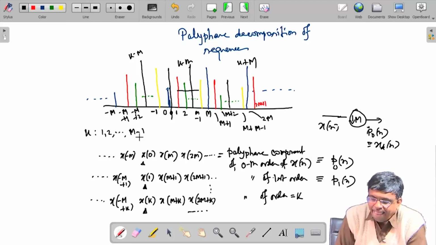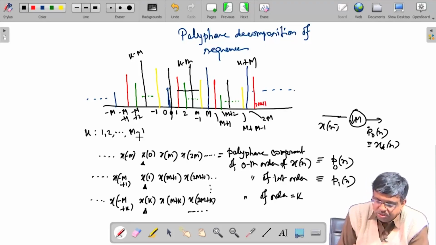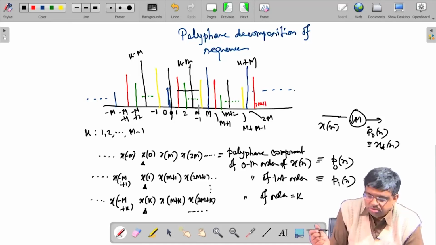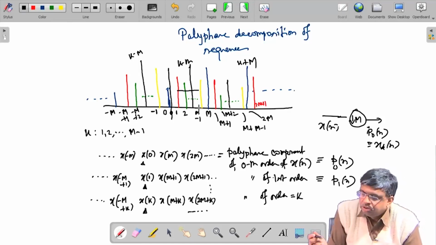Now look at this P1[n]. If I shift P1[n] to the right by 1, so that x[1] will come to this point, let me draw it here.